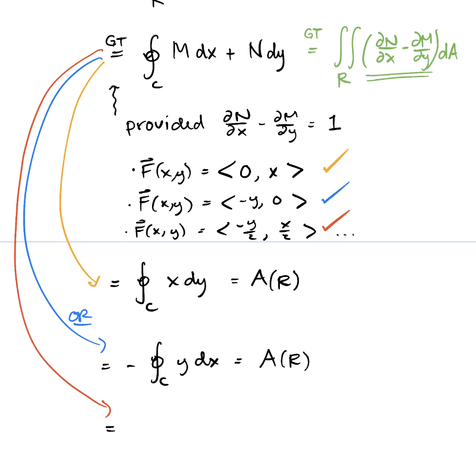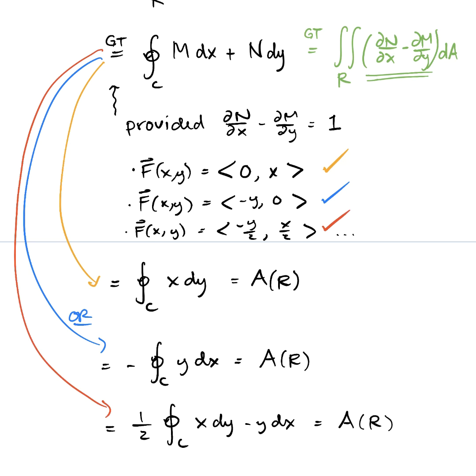Let's see, let's bring that half out in front. Integral around C. Okay, m dx. Well, m is the negative 1, and n is the positive 1. Can we write it like this? x dy minus y dx. And that also tells you the area of the enclosed region.